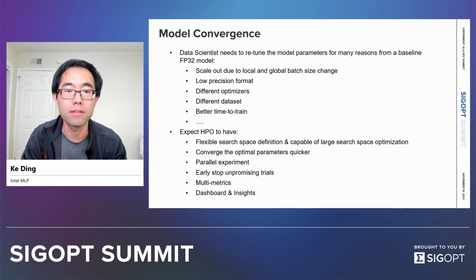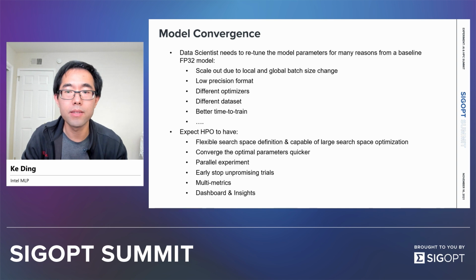As a data scientist, here is what I expect an HPO tool should provide. First, a flexible search space definition supporting different data types, transformations, constraints, conditions, and so on. It should also be capable of handling a large search space to tackle complicated problems.